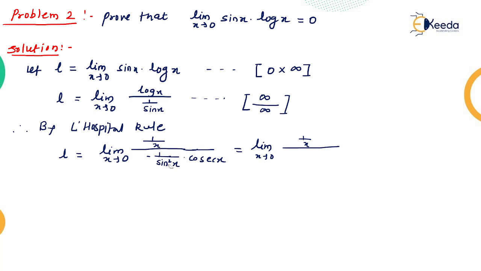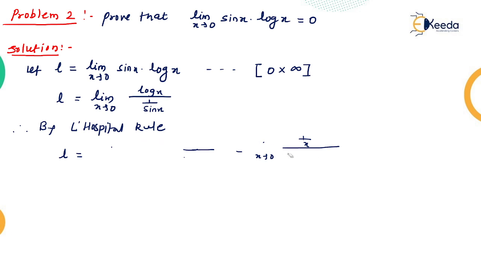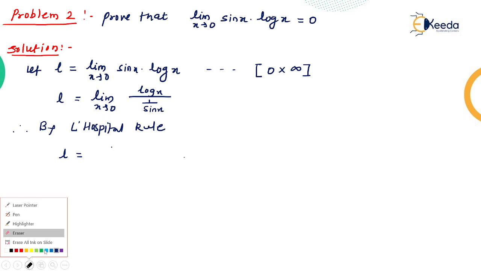Just wait, I am taking this term in this way. Let this limit L be equal to limit as x tends to 0 of log x upon 1 upon sin x.